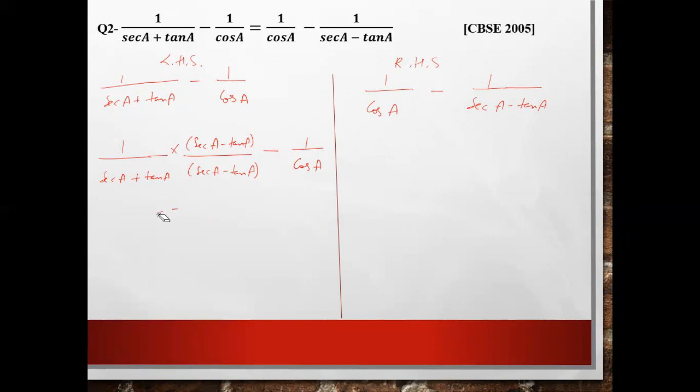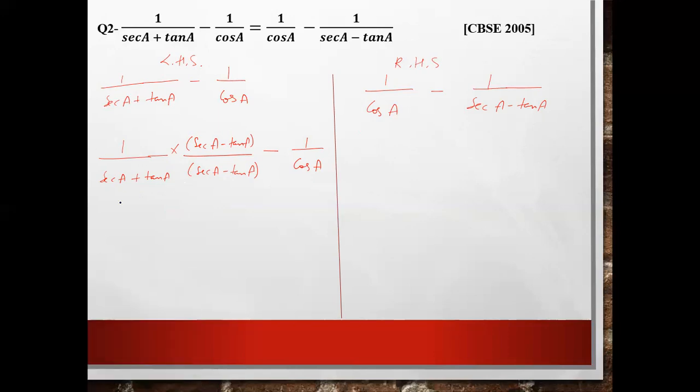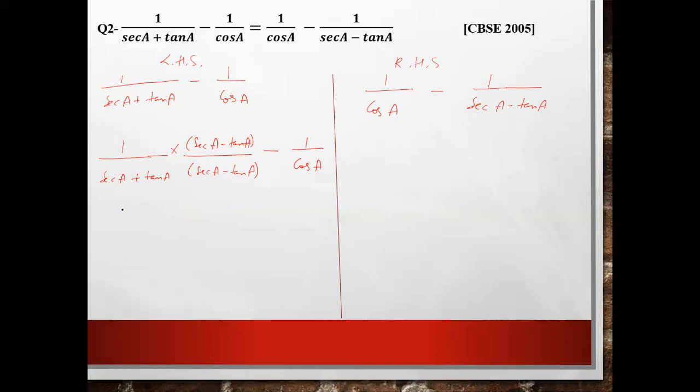All right, let me change the color of my pen. All right, this is the first step. I've already written it with this pen, same pen only, but it does not matter, does it? All right, so see over here, this is nothing but a, right? All right, so you'll get sec A minus tan A upon sec A plus tan A, sec A minus tan A. A plus B, A minus B. I remember the algebraic identity, which tells me A square minus B square, right?